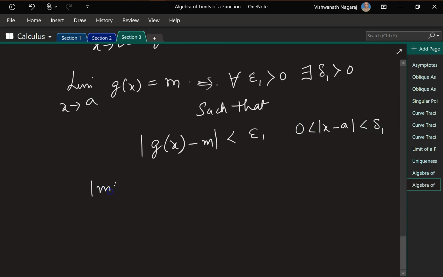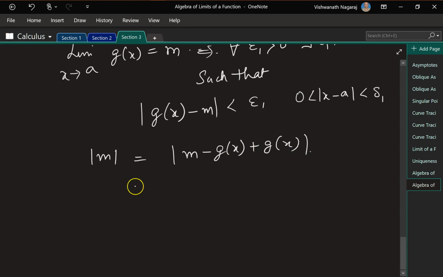Let's take m. In case of multiplication we took g(x), right? But here we are taking m. This we can write as m minus g(x) plus g(x). So the value still remains the same.